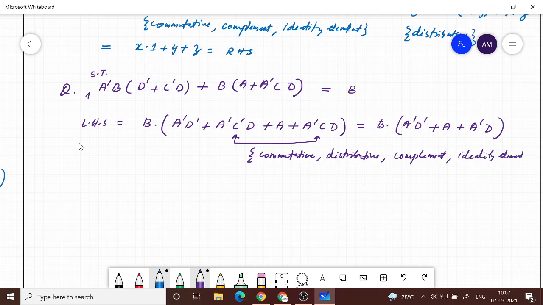So many things we did all together, which reduces the number of steps, but whatever property we have used, you list it.